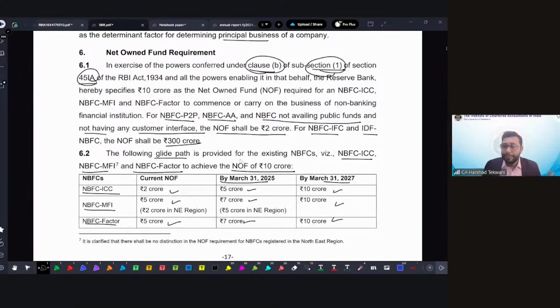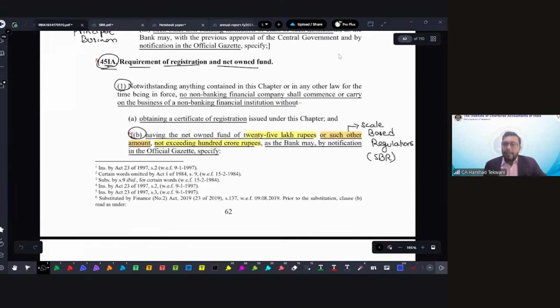Clear? Any doubt? So there is a question: sir, 300 crore is higher than the 100 crore, then how has it been increased? Because in the act itself, there is a point.